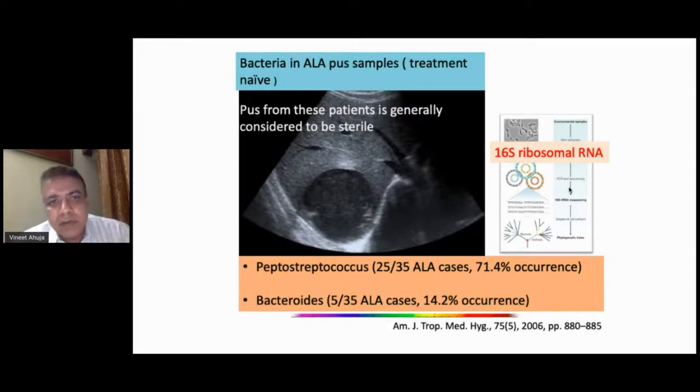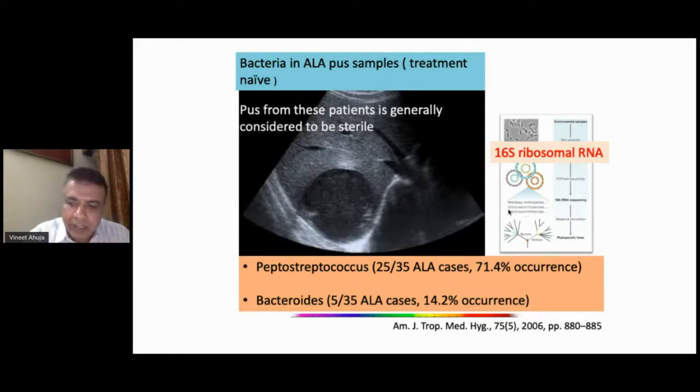And here, what was seen was that Peptostreptococci was present in around 70%. This was done by looking at the 16S rRNA marker, a marker gene which is present in all bacteria. So if you pick up this gene and sequence it, you are sure to capture all the bacteria. And subsequently, when you sequence them, you can also place them into phyla and genera.